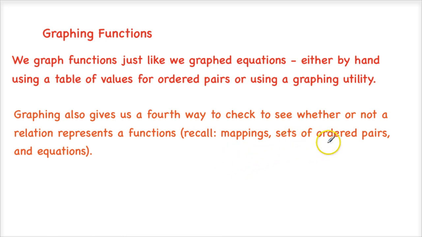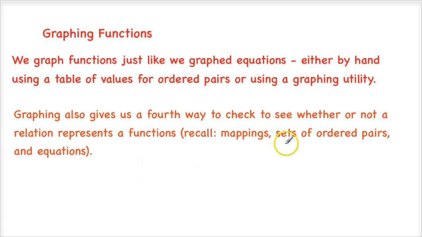With the sets of ordered pairs, if I saw an x coordinate listed twice with two different y coordinates, then that was a giveaway that it was not a function. And then with equations, if I saw something like a y squared or like a positive and negative square root of x, then that was not a function.